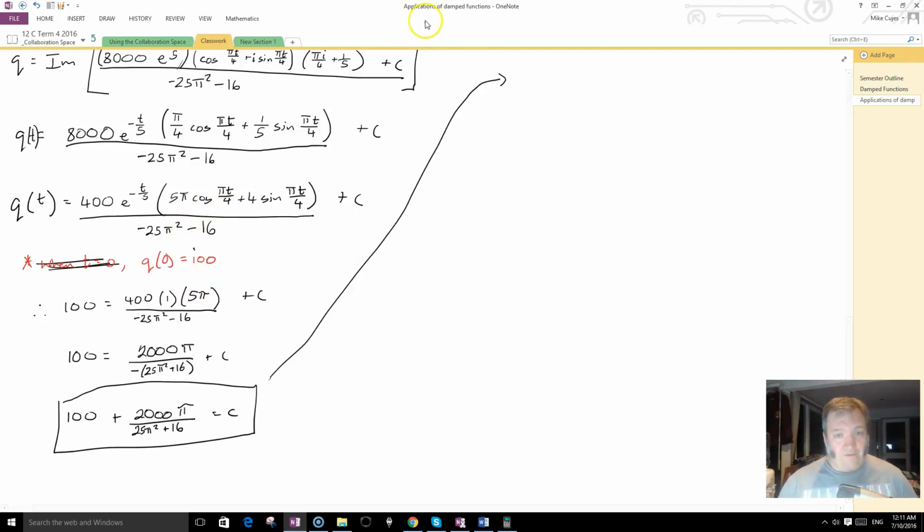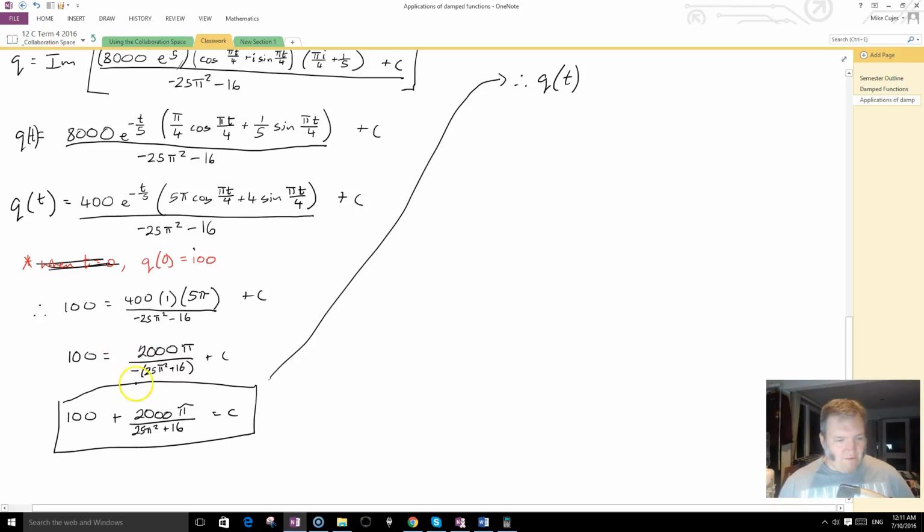So if you ever see me looking around and doing something weird, that's actually what I'm doing. All right, so I've got the value of c. So what is the value of my charge any time t? Well, it's just this thing with the c added in. Now, this is the same denominator, isn't it? Remember, this denominator here is just with a negative.